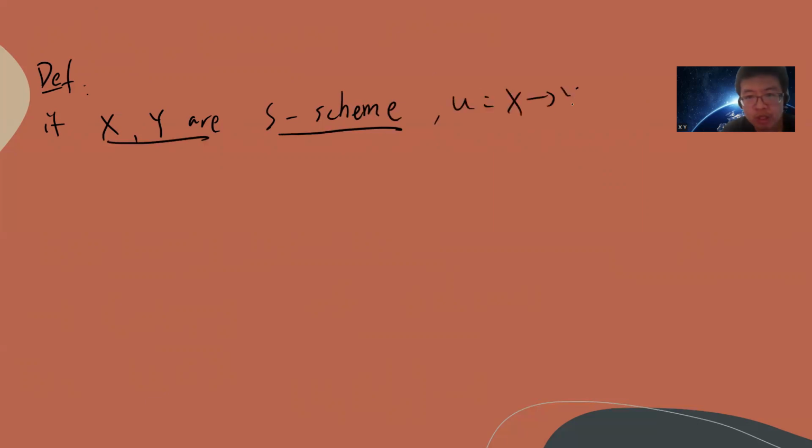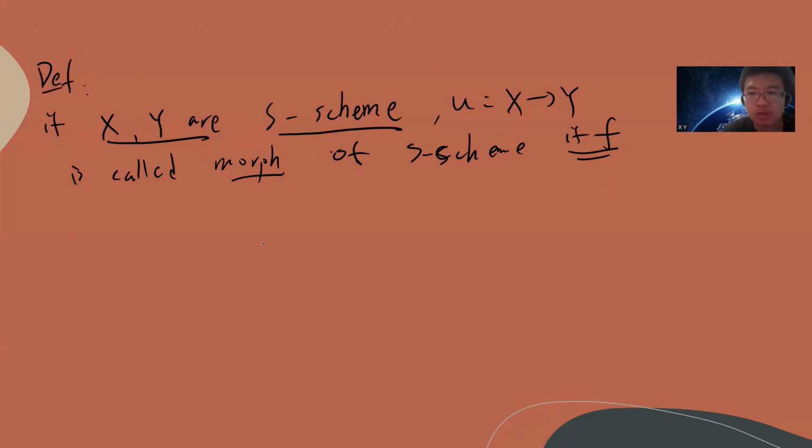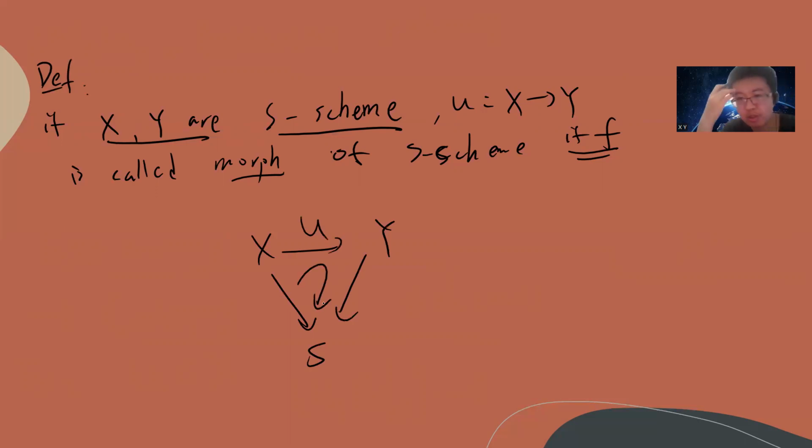If X, Y are S-skins, then one can define a morphism u from X to Y. It's called a morphism of S-skins if you have a commutative diagram such that X maps to S and Y, and u, such that this commutes.